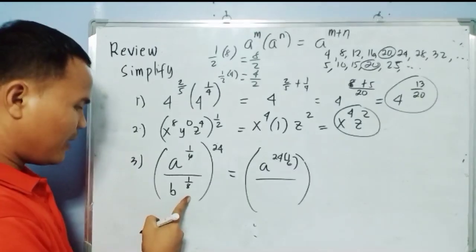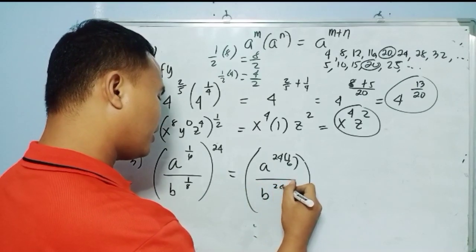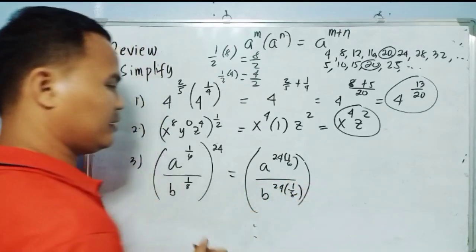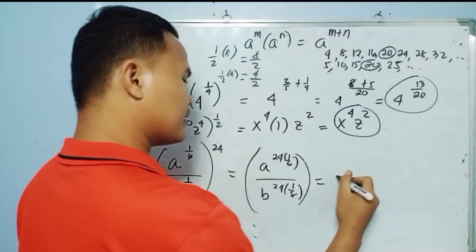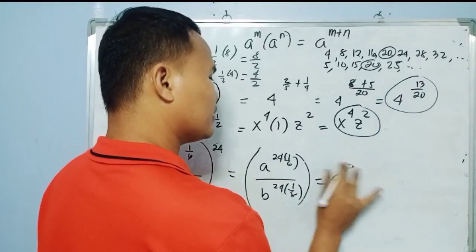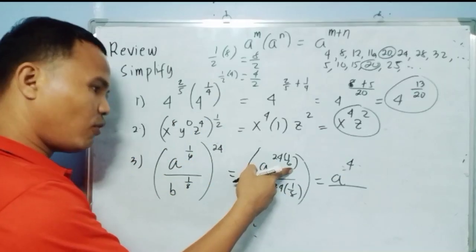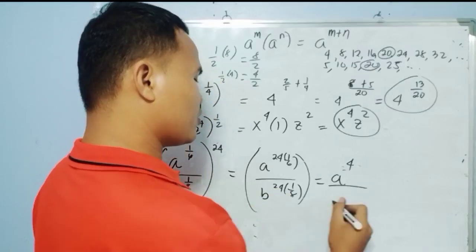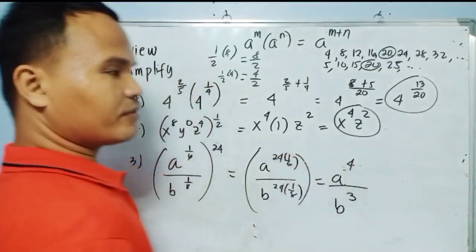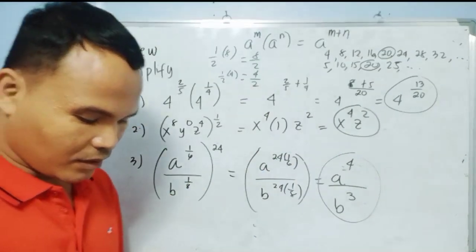And for the denominator, B, 24 times 1 over 8. So 24 times 1 over 6, the result is 4, because 24 divided by 6 is 4. In the denominator, 24 divided by 8 is 3. So B raised to the power of 3. This is our final answer.